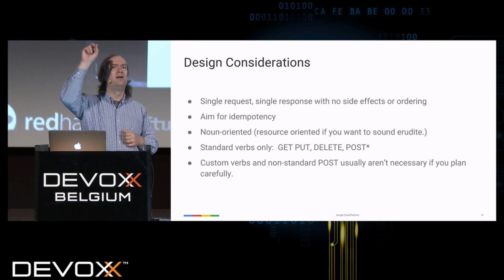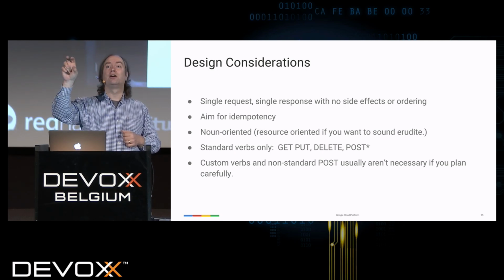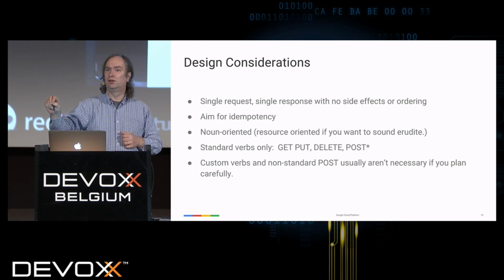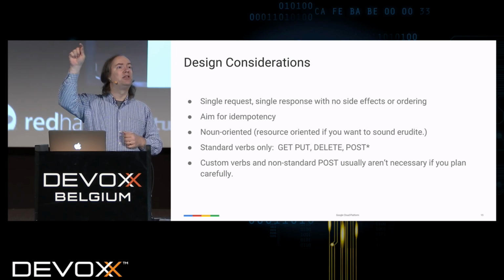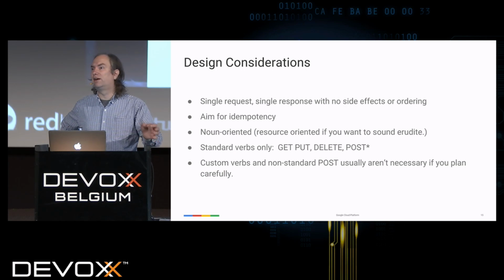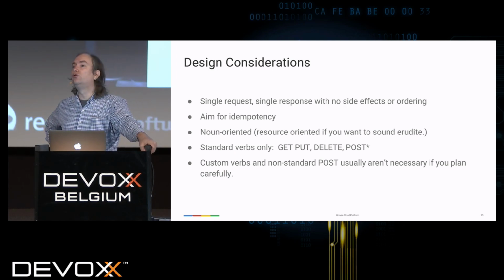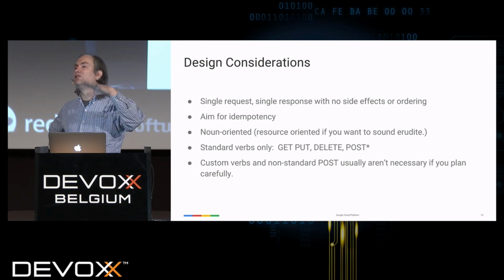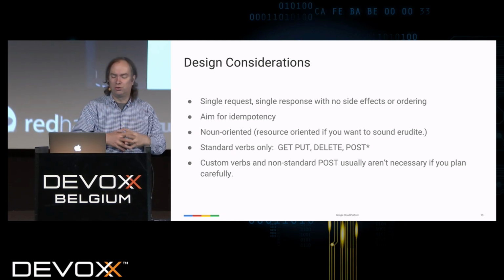So if you have a person record, the person record may have name, social security number, address, etc. But the name of the person can have its own URL, and the address of the person can have its own URL, and the social security number of the person can have its own URL, and you can use those also. There is no rule that says each resource or each thing in your system has to have exactly one URL, or that you can't have sub-resources that somehow belong to another resource.